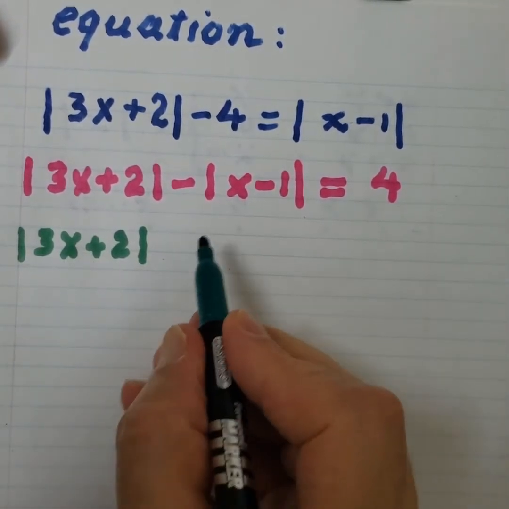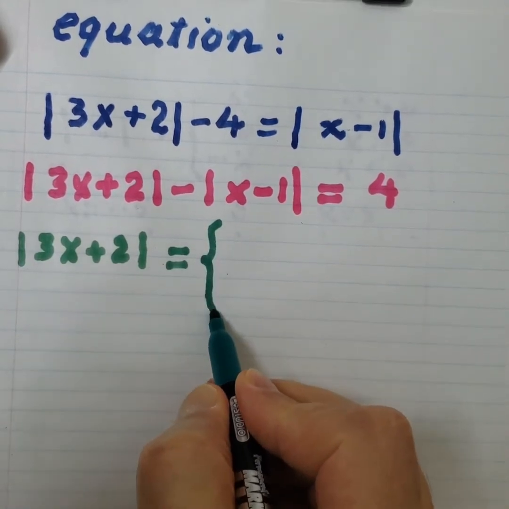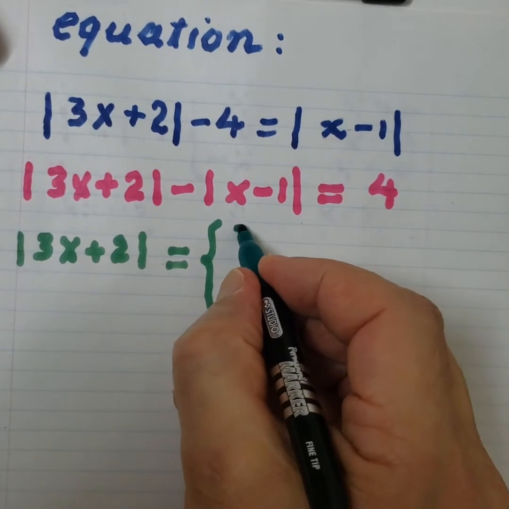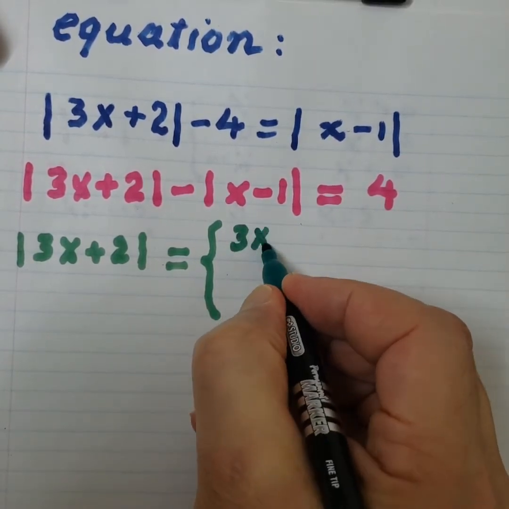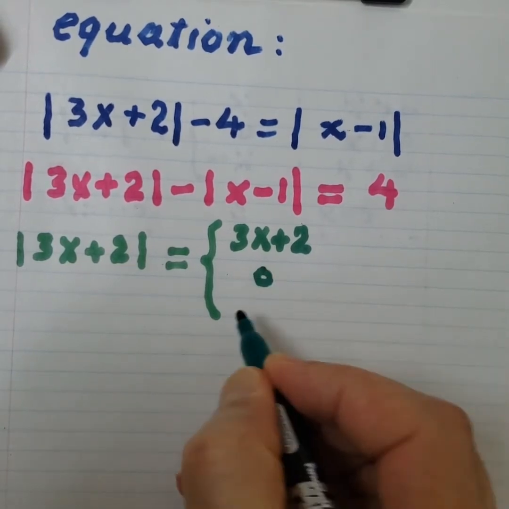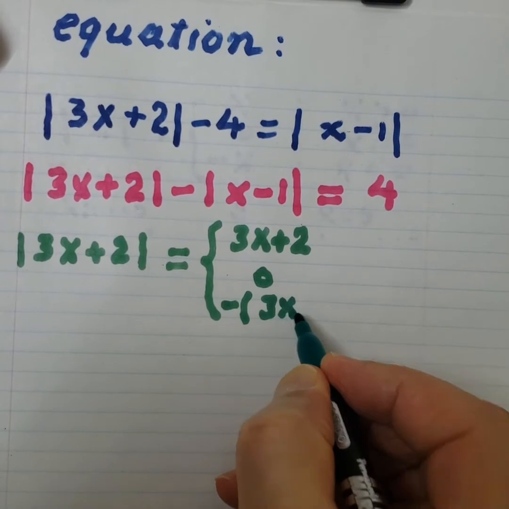This absolute value we can write in 3 shapes, which are 3x plus 2, or 0, or minus 3x plus 2.